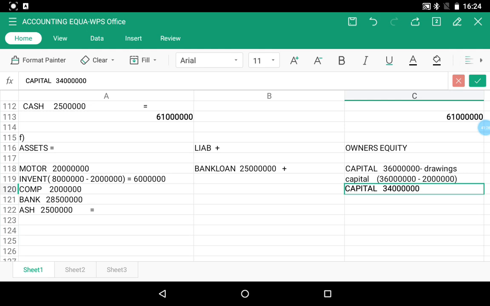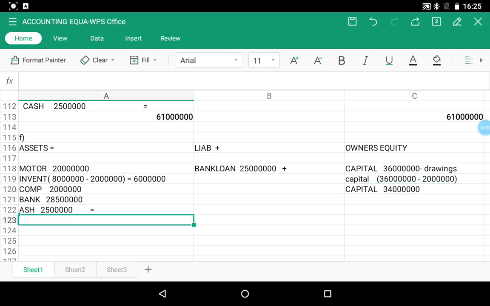So when you come here, we are going to add and get the total. When you add 20 million plus 6 million, 2 million plus 28.5 million plus 2.5 million, we shall remain with 59 million.